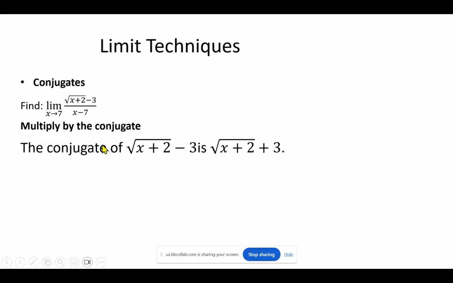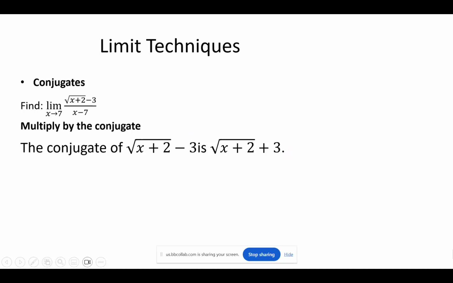So the first step is to multiply by the conjugate. If I look at the entire square root, it's the entire numerator. This is the square root of x plus 2 minus 3. So the whole square root is a and b is 3. So I switch the sign on the second one, which would be plus 3 instead of negative 3.